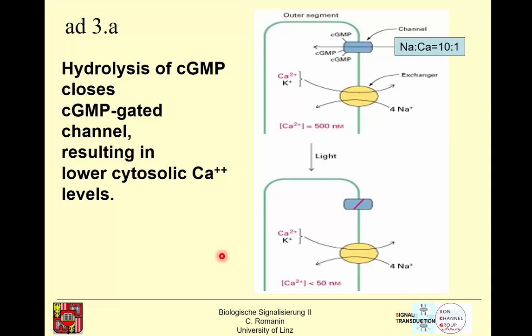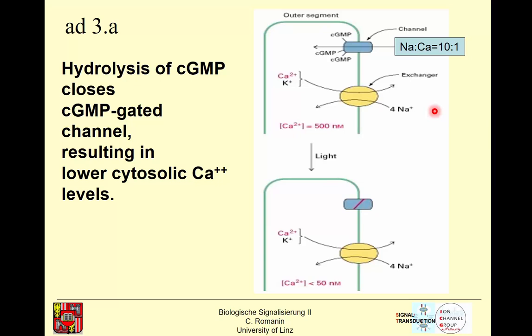So the next process has been identified quite lately because it involves a very interesting exchanger which is working all the time in these photoreceptor cells. Because you can imagine, in the dark state, these sodium channels not only transport sodium, but about 10% of the influx comes from calcium.